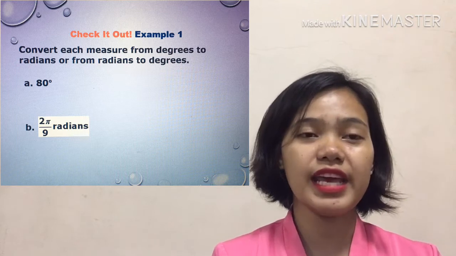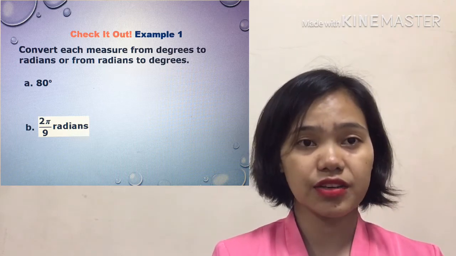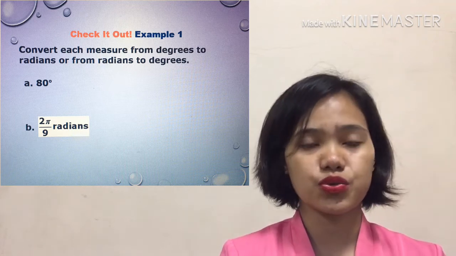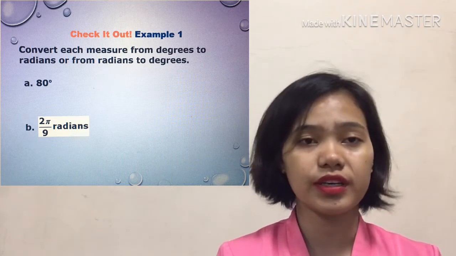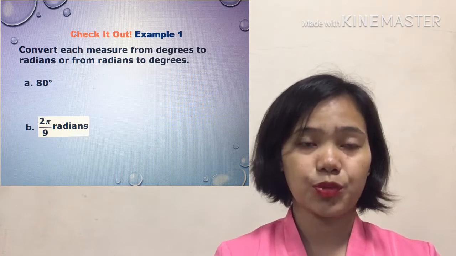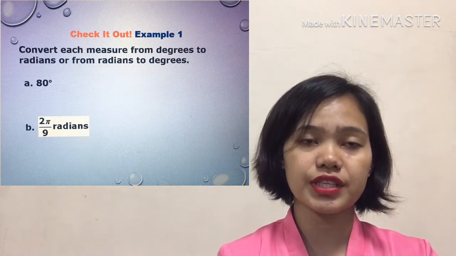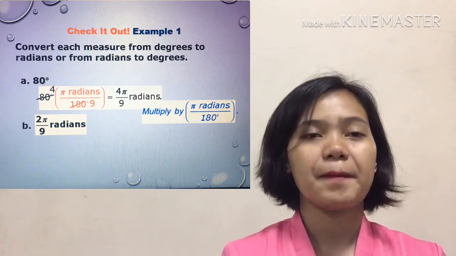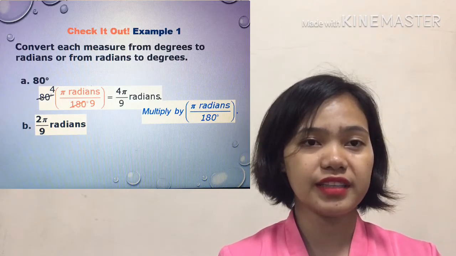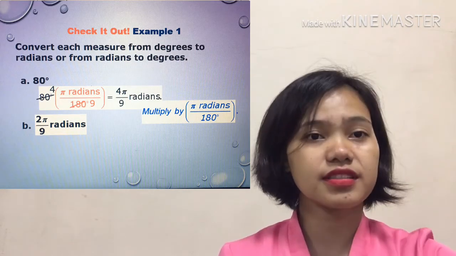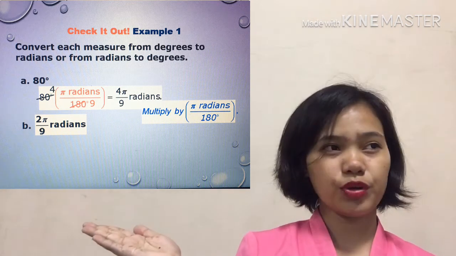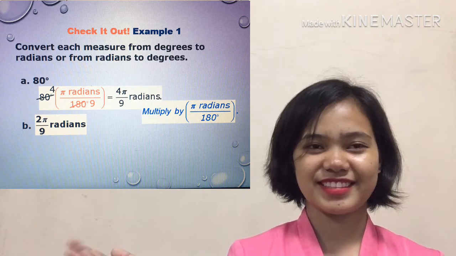You have 80 degrees, which is in degrees form. Your task is to convert this into radians form. Remember, in converting degrees into radians, you multiply by pi radians over 180 degrees. So, the answer is 4 pi over 9 radians.